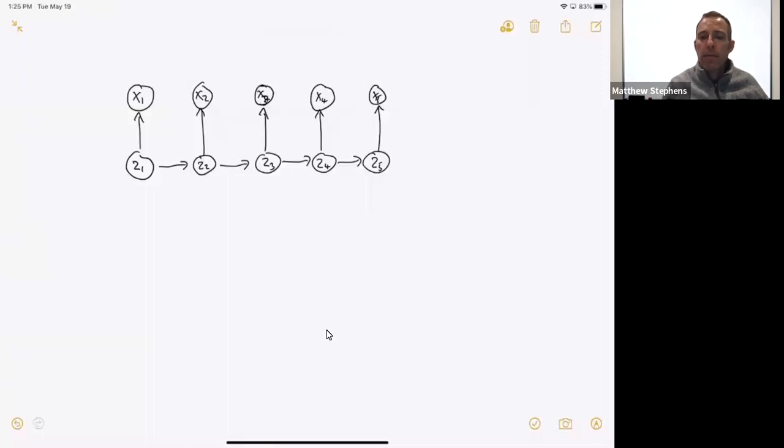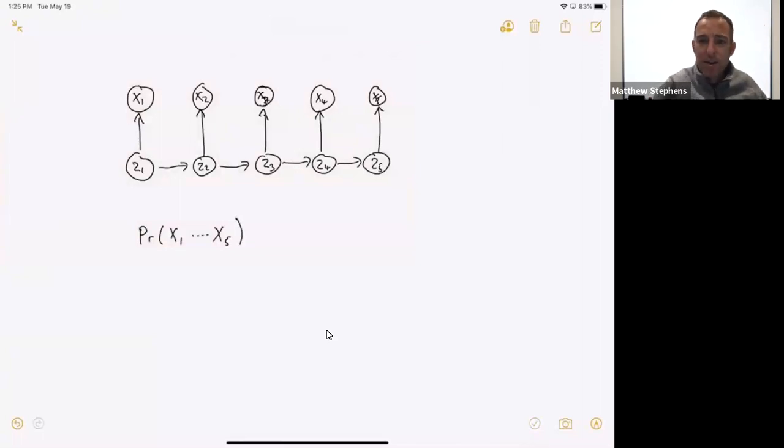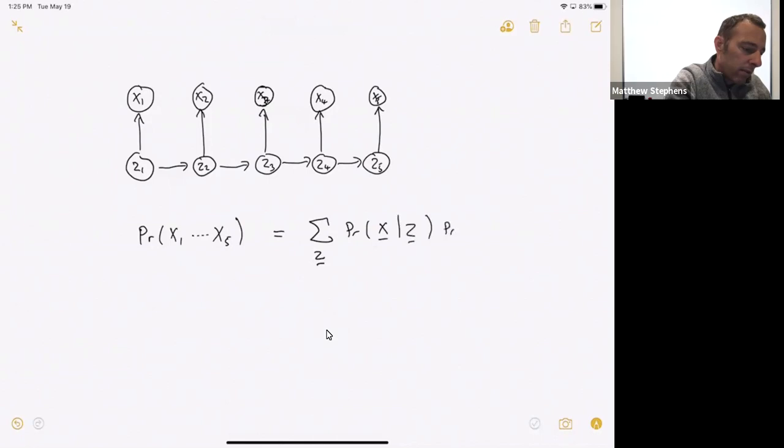Okay, let me imagine, for simplicity, that we just want to compute the probability of the data. Let's suppose we know all the parameters. Well, of course, that probability is the sum over all z, that's a vector of z's now, of the probability of x, it's a vector, given z, times the probability of z.